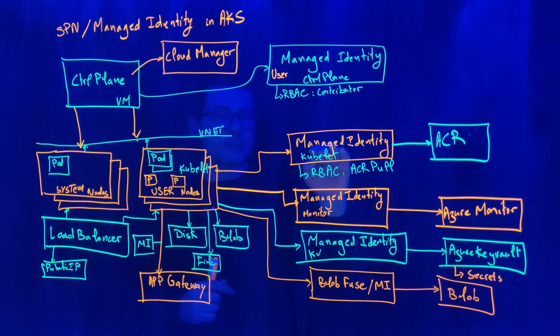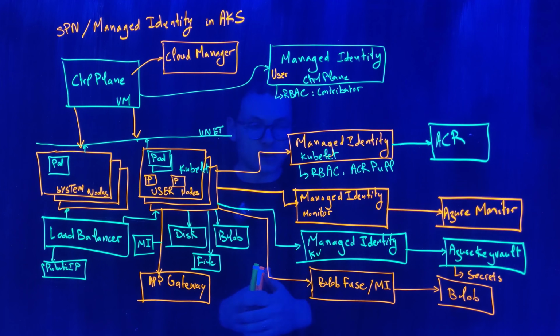So it's normal that this managed identity for kubelet would be attached to both node pools. The same applies to the managed identity for Azure Monitor, because we would have pods deployed in user and system node pools, and they will send logs to Azure Monitor from both node pools.